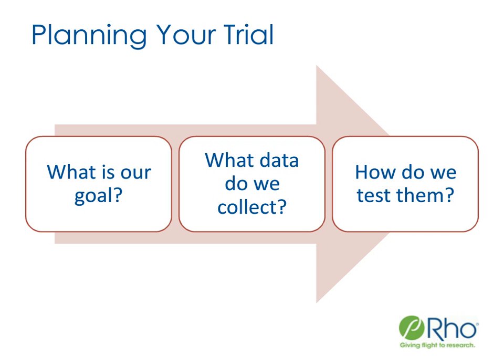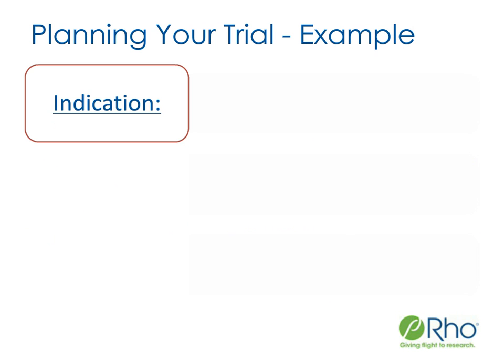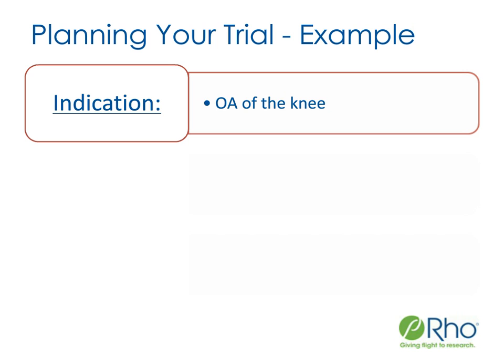As an example, let's assume we're planning for a phase 3 randomized controlled trial to support a new drug application. And first, we need to describe the indication we are hoping to treat with our new drug. In this case, we're going to treat osteoarthritis knee pain with our drug, which is a new analgesic.